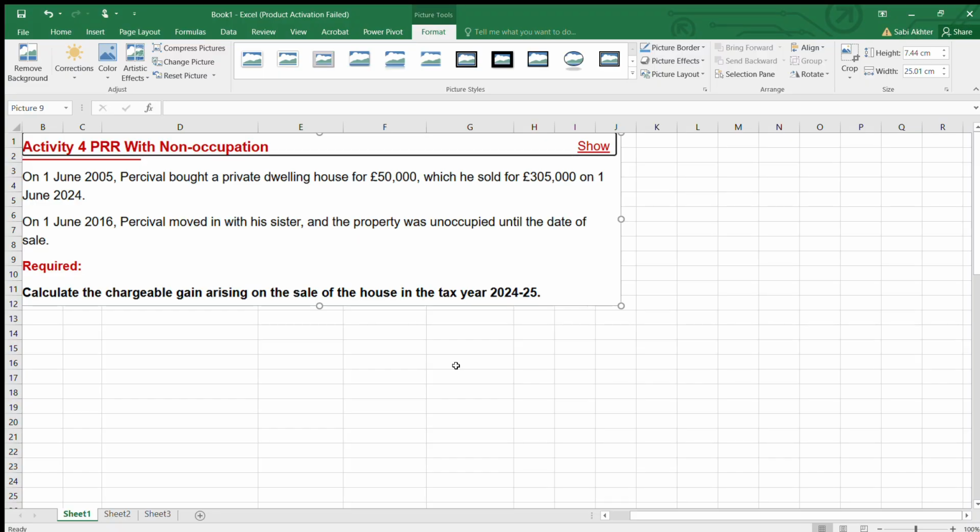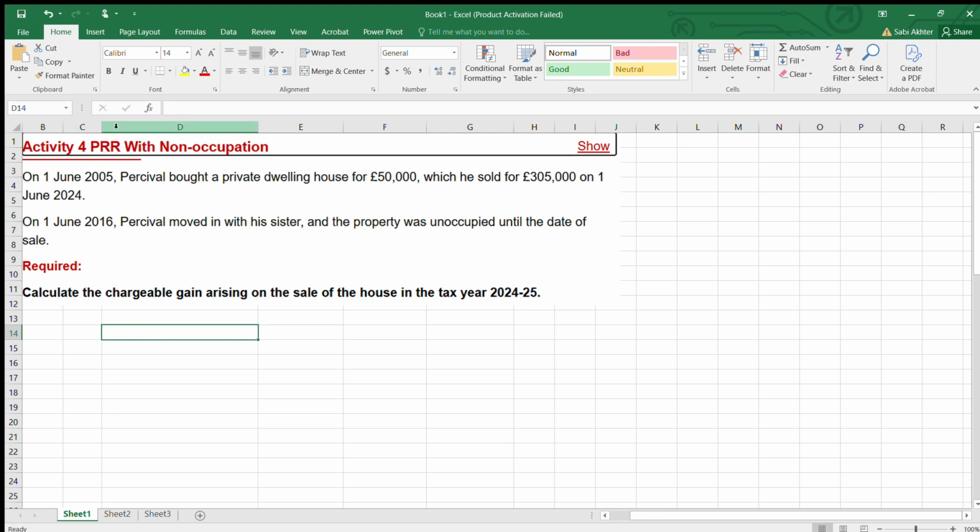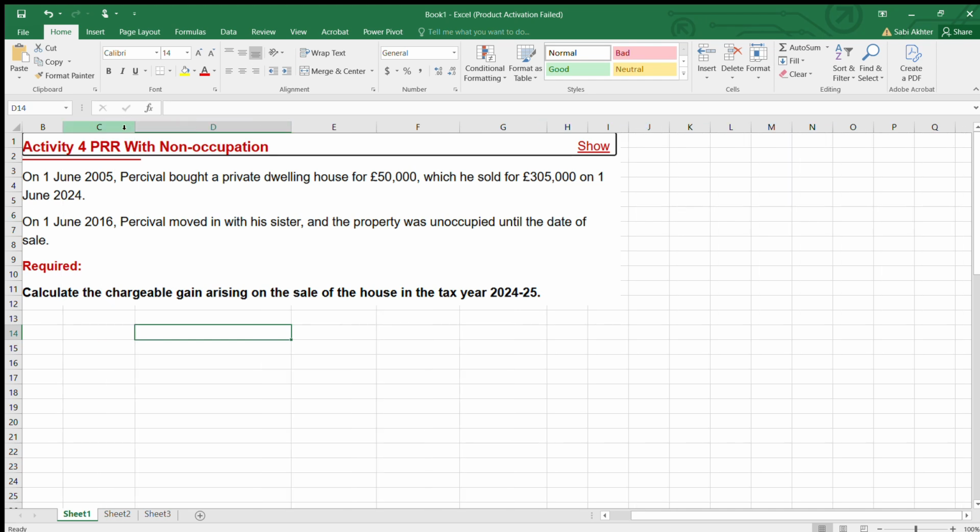So whenever you are given a question with PRR, you have to write the date, you have to write whether actual occupation, deemed occupation, or absent, then the exempt amount, exempt month, the chargeable month, and the total. So total 5 columns you always need for PRR. Keep this in mind, it's fixed. These 5 columns are always required, no matter what.